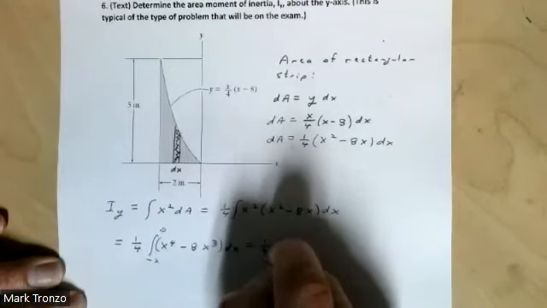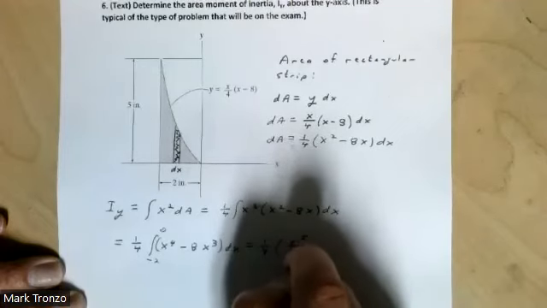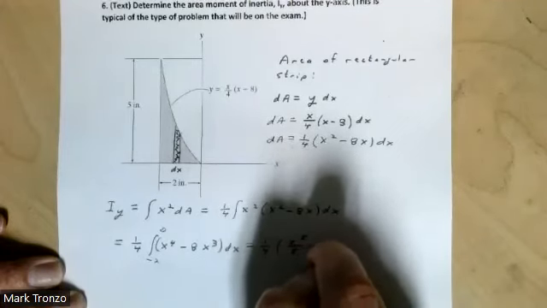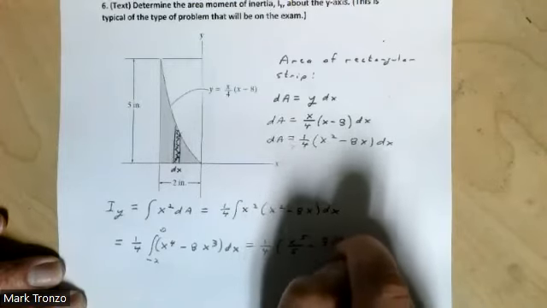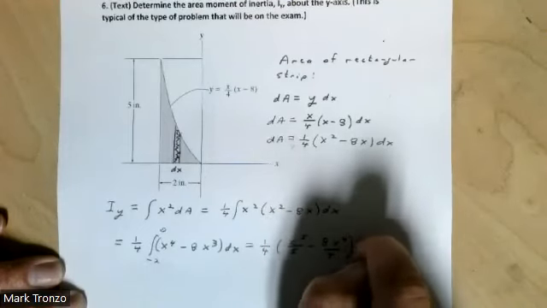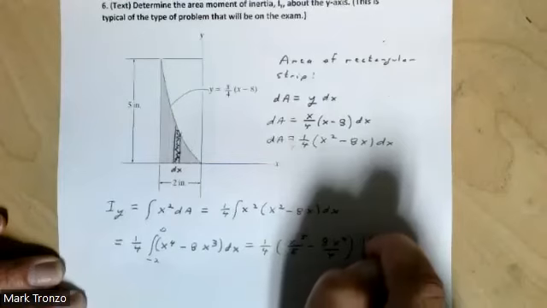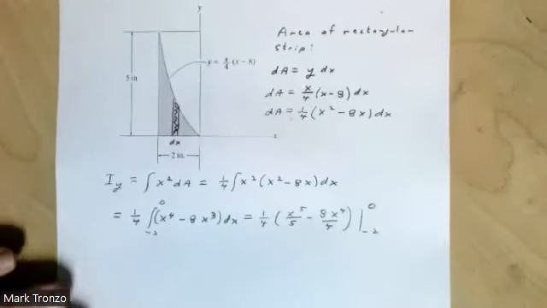1/4 times x to the 5th over 5 minus 8x to the 4th over 4, and we want the bounds from -2 to 0.